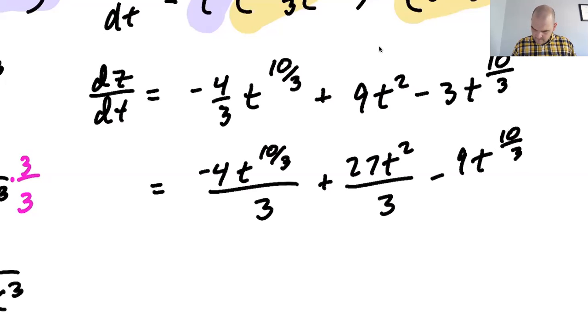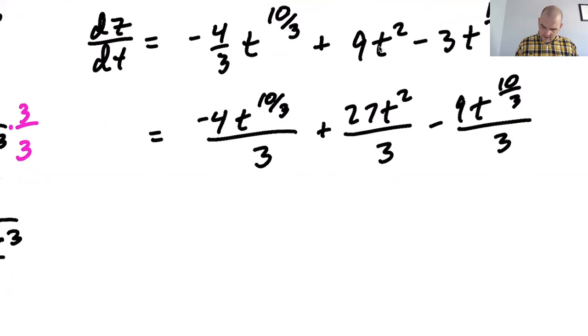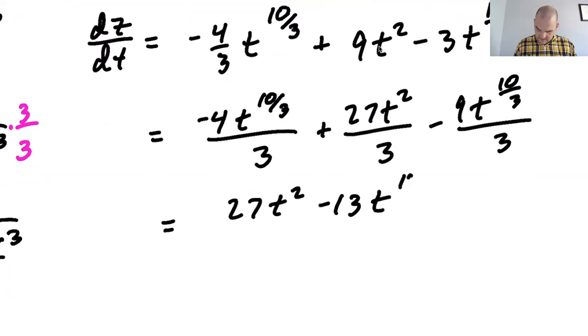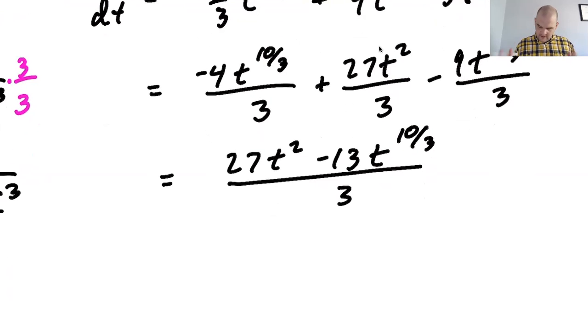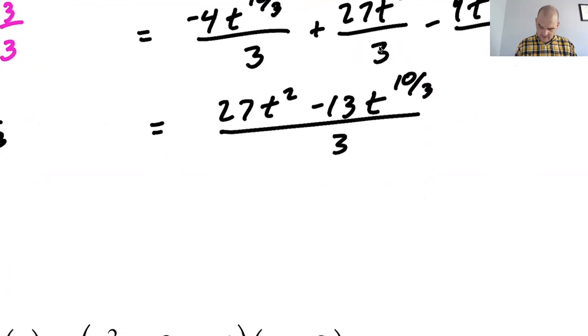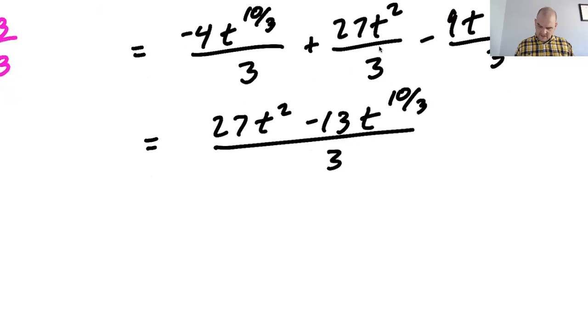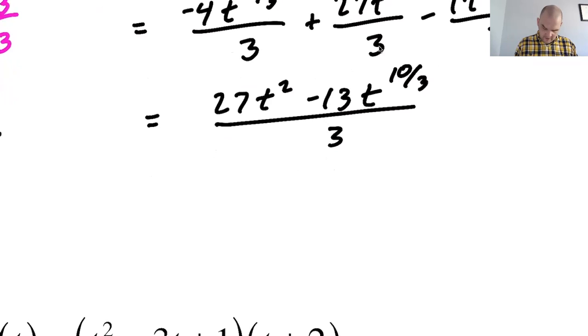10/3 over 3. All right, so I have 27t squared minus 13t to the 10/3 over 3. Okay. So should I factor anything out? I could take out t to the 6/3, which is t squared.